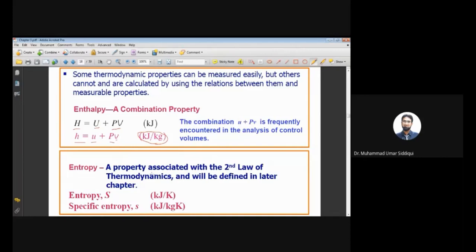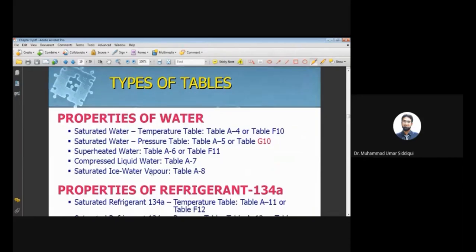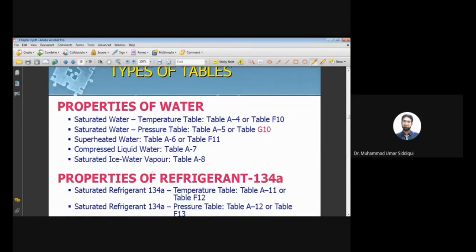Okay, so let's move ahead. Now let's talk about the different types of tables that we have. In your textbook, we have the tables in SI units as well as in English units. But again, as I told you, we will be focusing on the SI units, so we will not be using the English units tables.